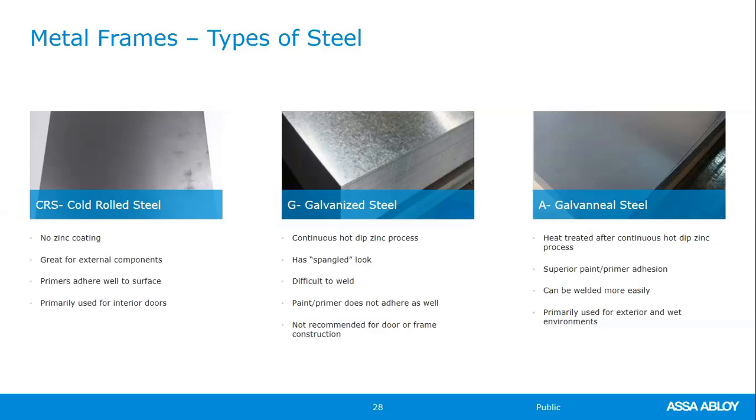With the A, the galvannealed, it is a hot dip process, but then we have a further heat treatment of this material. So with that said, it's easier to modify, it's easier to paint, and primer will adhere to it a whole lot better than your G or galvanized material.